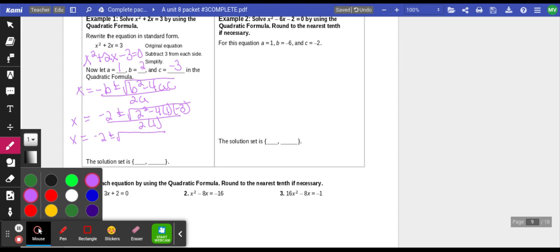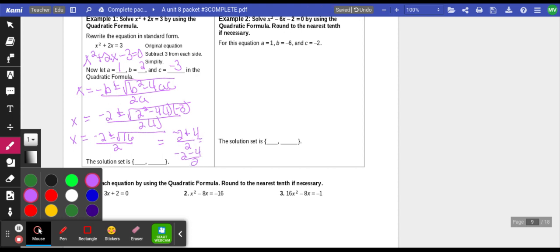So 2 squared is 4, minus 4 times 1 times negative 3. So that actually works out to be 16 in there, over 2. Square root of 16 is 4, so that's negative 2 plus 4 over 2, and negative 2 minus 4 over 2, because the formula has the plus or minus.